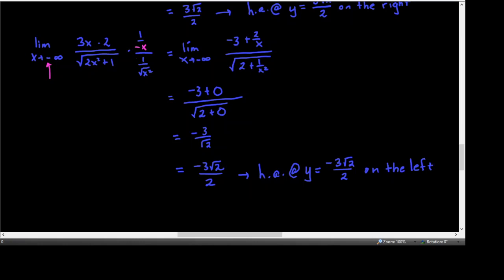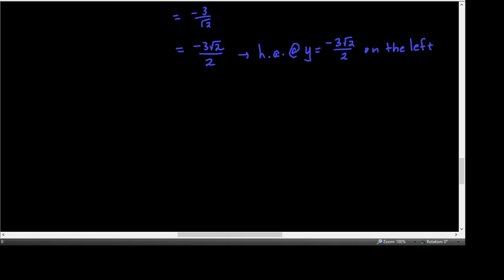And if you look at the graph of this function, the graph of f of x equals 3x minus 2 divided by the square root of 2x squared plus 1, it looks like this.